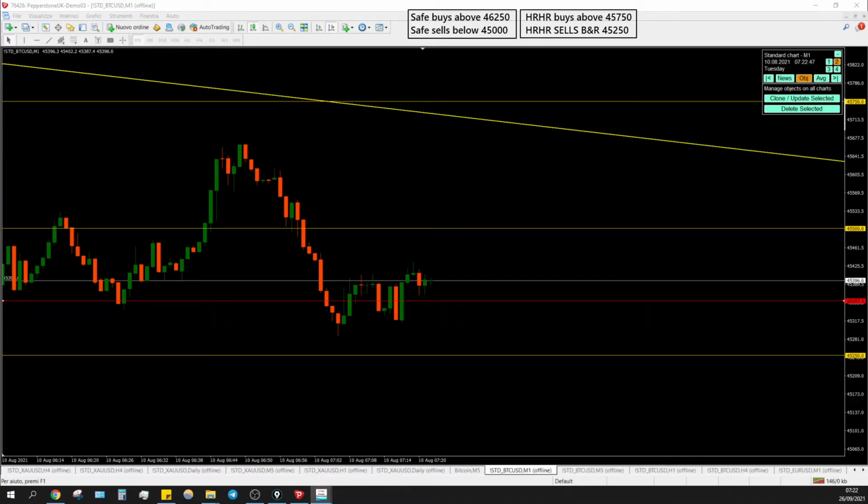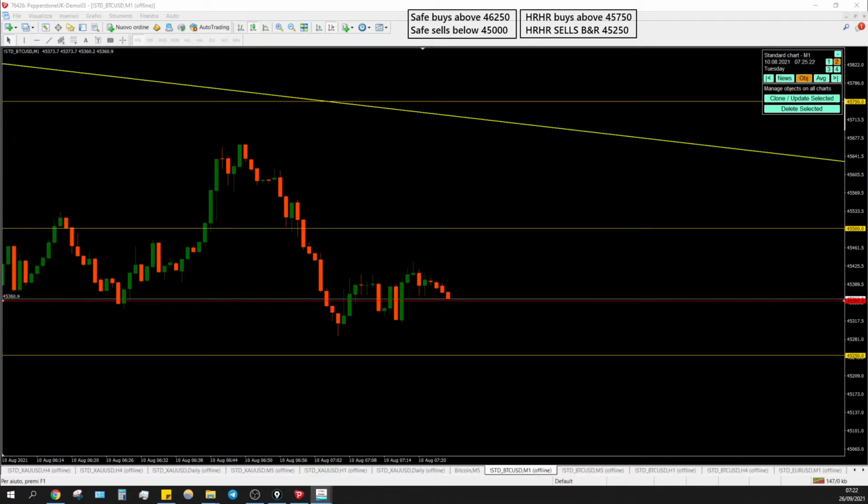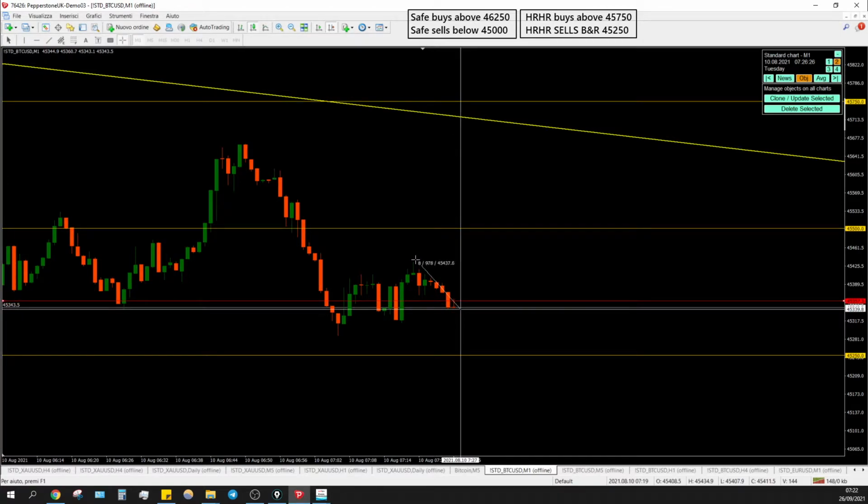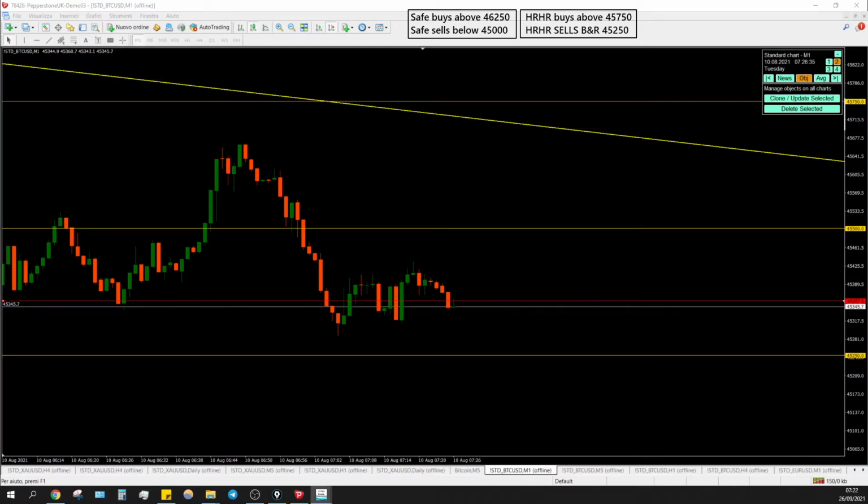Let's see if it holds or if we keep bearish. Looks like the sellers are getting control. Okay, this might be the trade idea that I was talking about. Very, very high risk, because also we have this PSA, these previous lows on the left hand side.